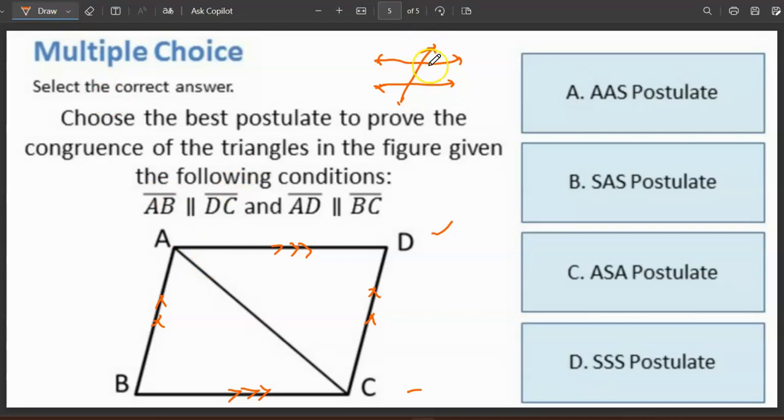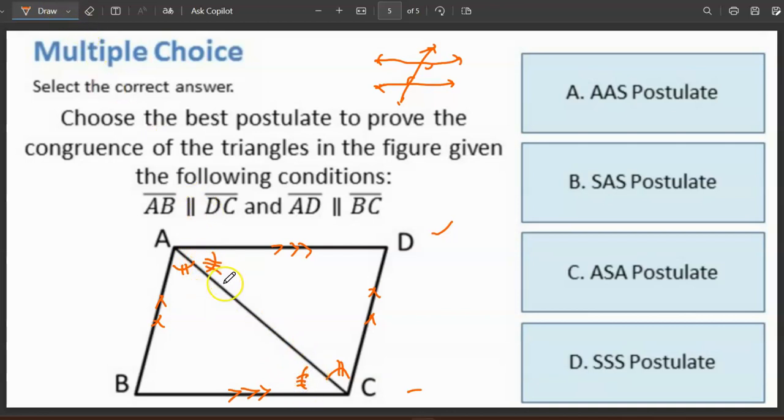Right, so we have the alternate interior angles. They're actually congruent, right? So this is congruent to this, and this is also congruent to this part.